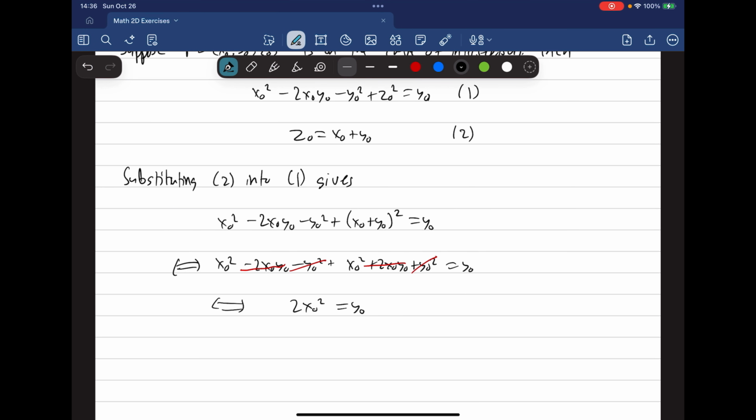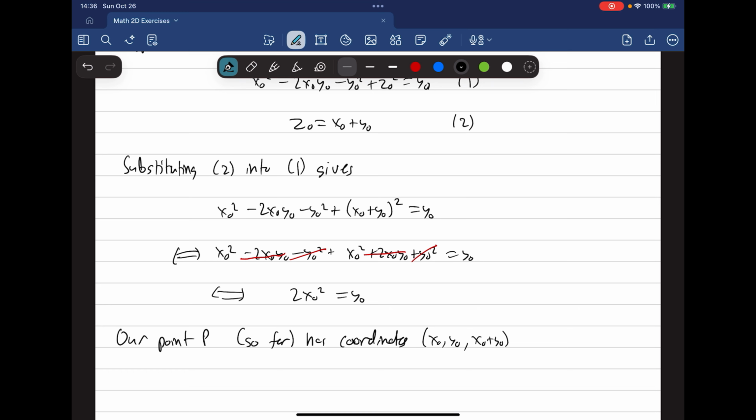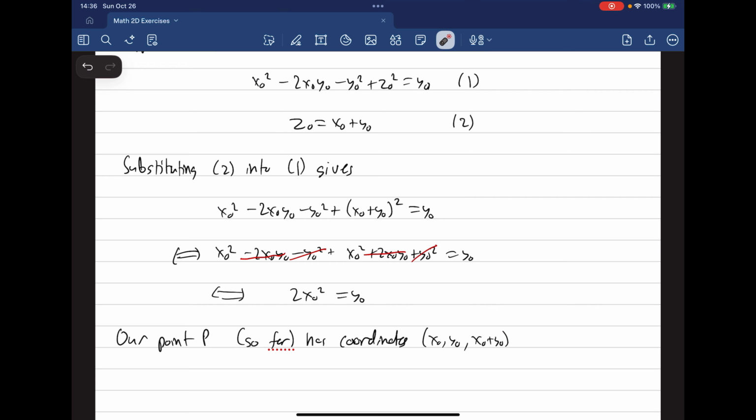And what's interesting is, remember our point P has, so far, coordinates x naught, y naught, x naught plus y naught. Again, because we just replaced the z coordinate with what it must be, x naught plus y naught, if it is to lie on the plane z equals x plus y.